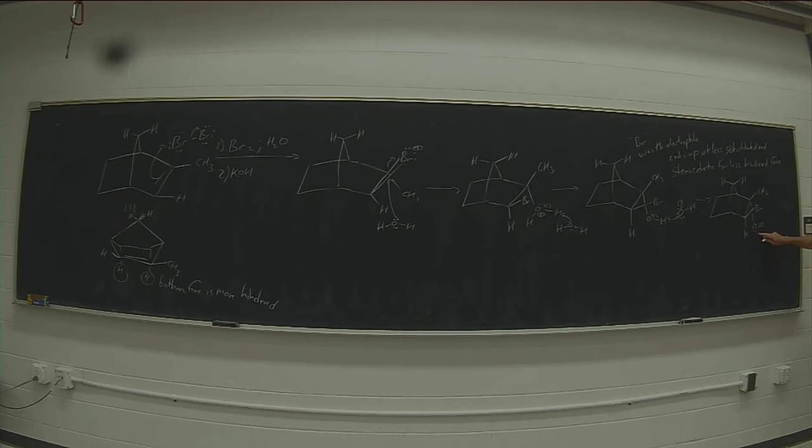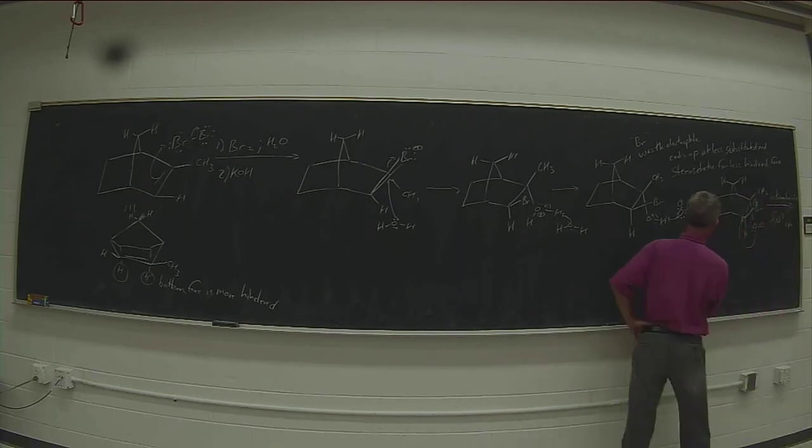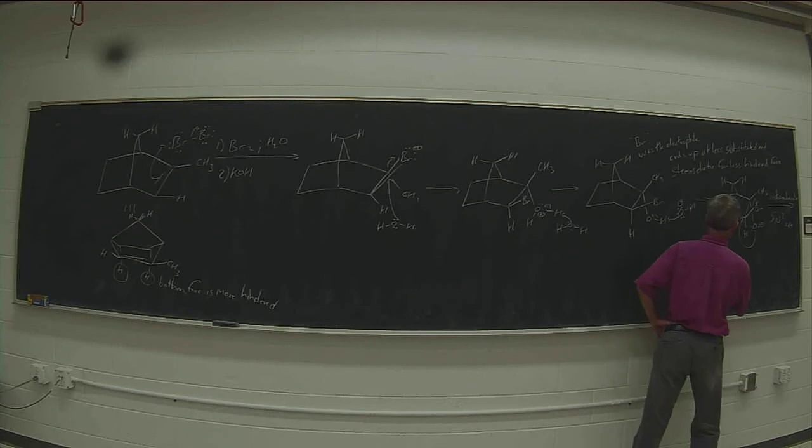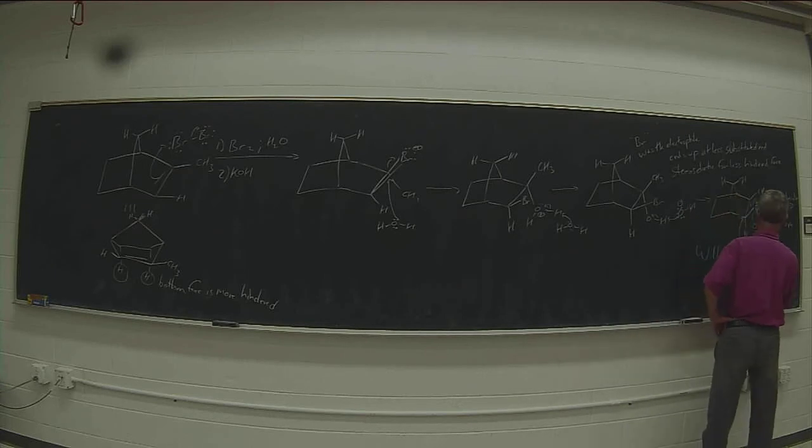And the alkoxide ion is perfectly situated on the opposite face from the bromine, so that's a nice intramolecular SN2, which is the Williamson ether synthesis.